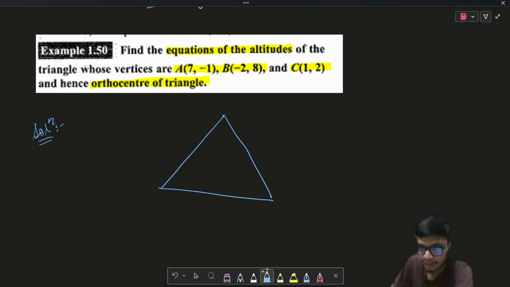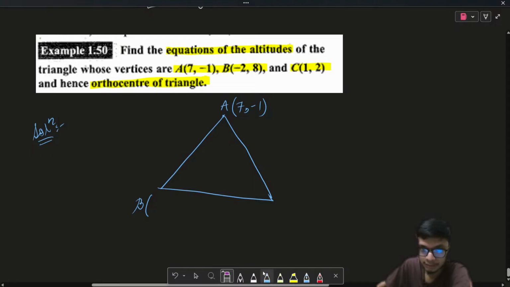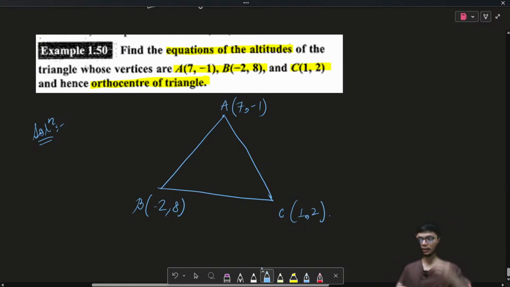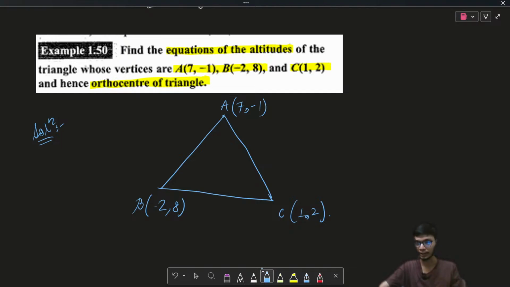I am drawing the triangle like this, where point A is (7, minus 1), point B is (2, 8), and point C is (1, 2). Now we have to formulate the equation of the altitude. If I am able to find the equations of two altitudes, then I can easily find the orthocenter.